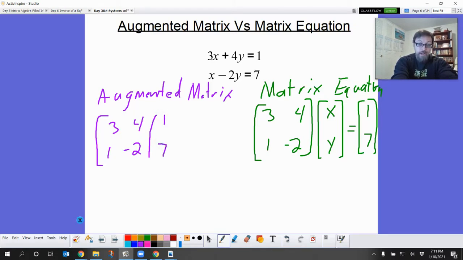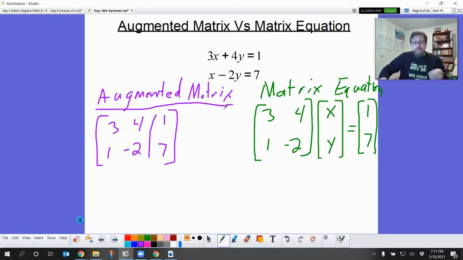And then they brought the 1, 7 in there. So it's not a square matrix anymore, but it is a 2 by 3 matrix. And we can work with this one rather than the collection of matrices in the matrix equation. And this is the land that we're going to be working in. We're going to be playing mostly with these augmented matrices.